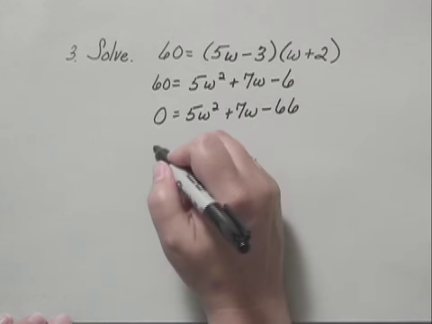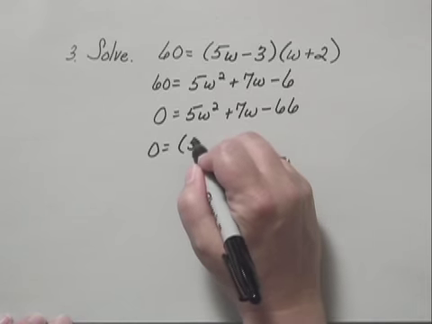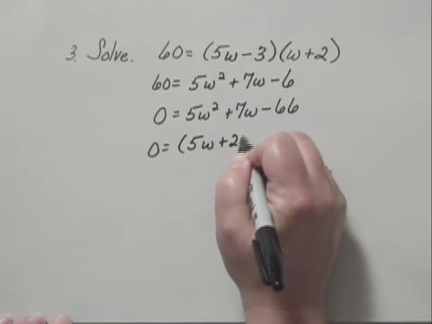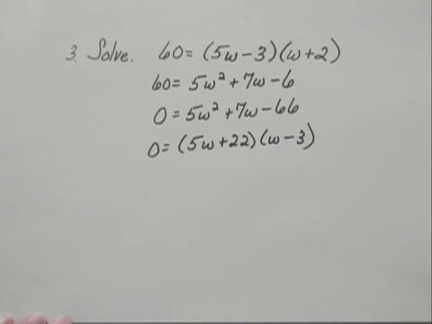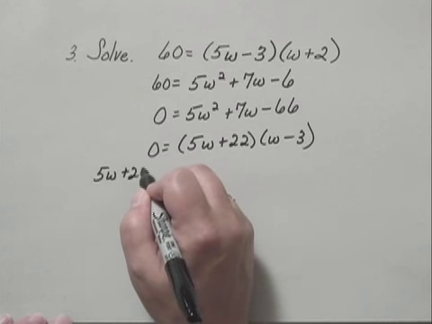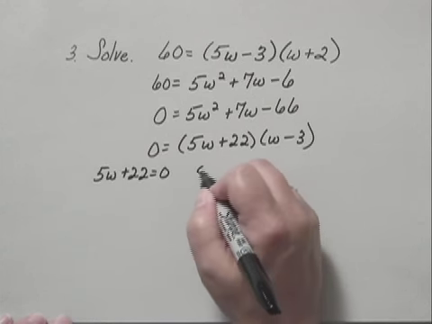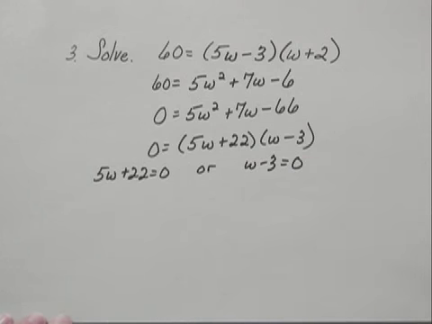And then I factor. 0 equals, this factors to (5W plus 22)(W minus 3). So I can say that 5W plus 22 equals 0, or W minus 3 equals 0.